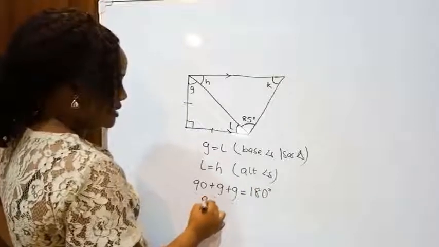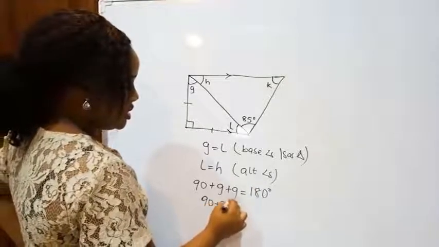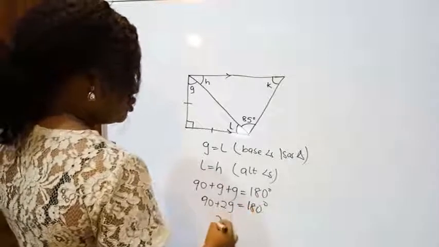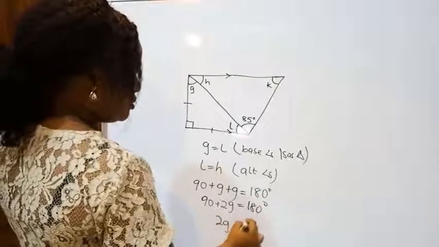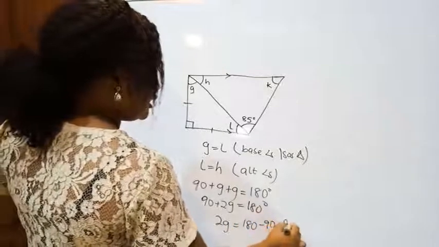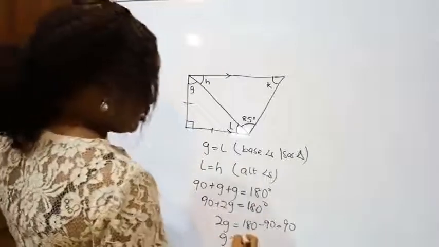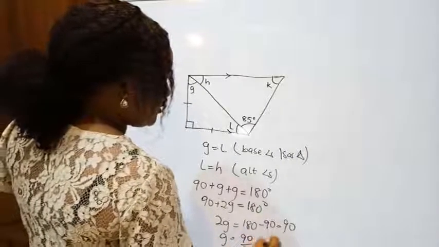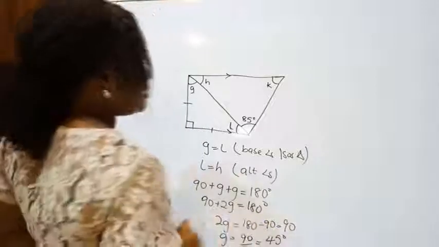And 90 plus 2G equals 180 degrees. So 2G equals 180 minus 90, which gives us 90. Our G equals 90 over 2, which gives us 45 degrees.